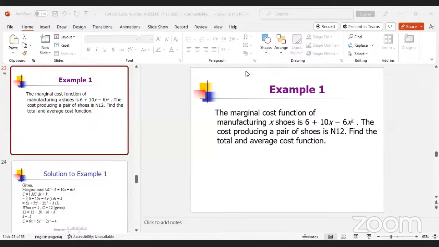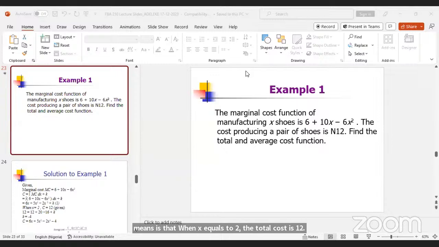It says the cost of producing a pair. A pair simply means 2, right? In terms of the number of shoes now, a pair. So the cost of producing a pair is 12. And what that means is that when x equals to 2, the total cost is 12. So this is extra information.